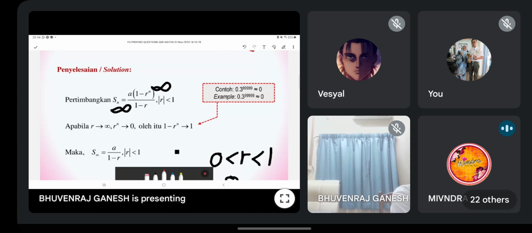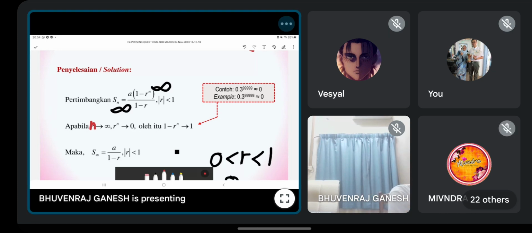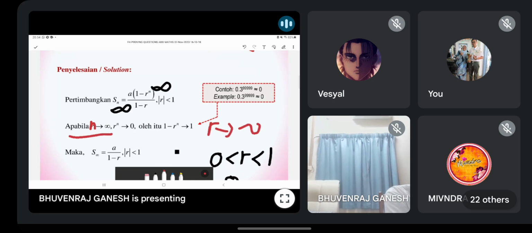So r^n is approaching 0. So 1 minus r^n is sama dengan 1 sebab 1 minus 0 is 1. Lepas tu S infinity sama dengan a per 1 minus r. Macam tu lah. Easy. Okay guys, so this one got one correction in the notes. I think the notes put r go to infinity. This one is wrong. Ini silap.